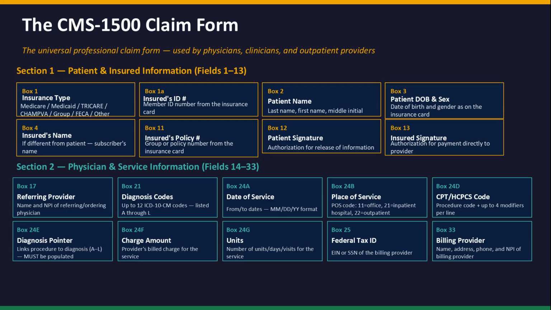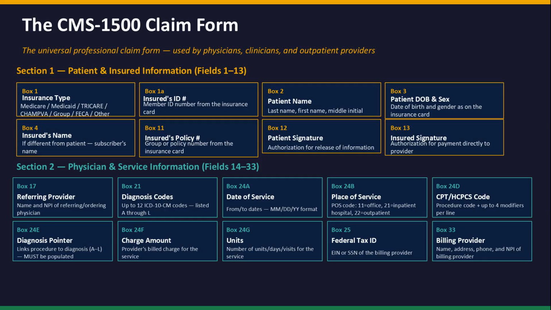The CMS 1500 is the workhorse of professional billing. It's been the standard professional claim form since '92 and was most recently updated to version 02/12. Whether a claim is submitted on paper, which is rare today, or electronically, the data elements map directly from this form. The form has 33 numbered boxes, and they're divided into 2 logical sections.